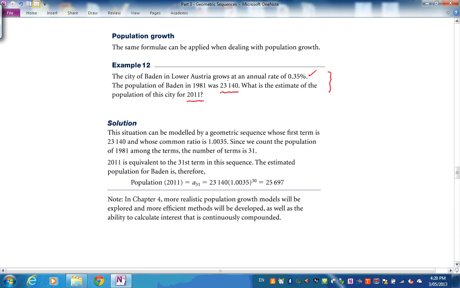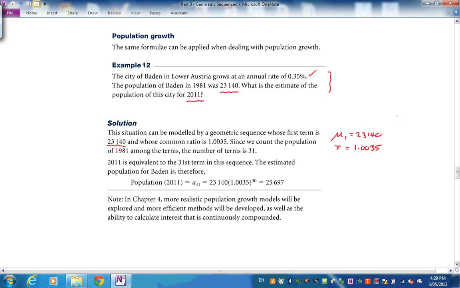Okay, so doing it from a sequence point of view, you would say, here we are, mu1 is 23140. The ratio of growth is 0.35%, so that's all the people we had before plus 0.35%. So that's our ratio.